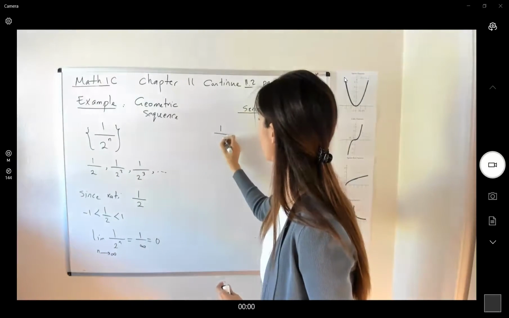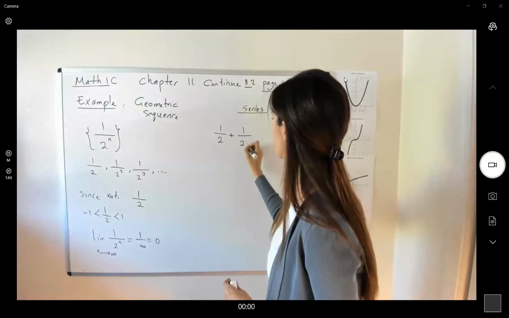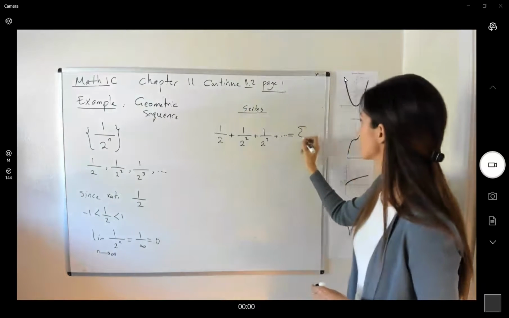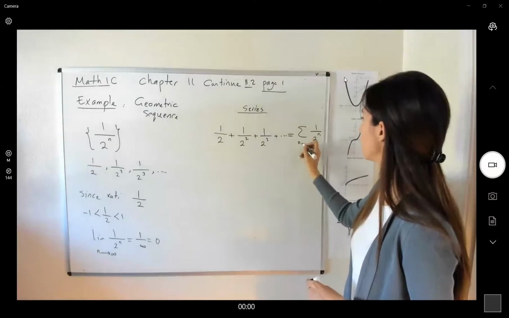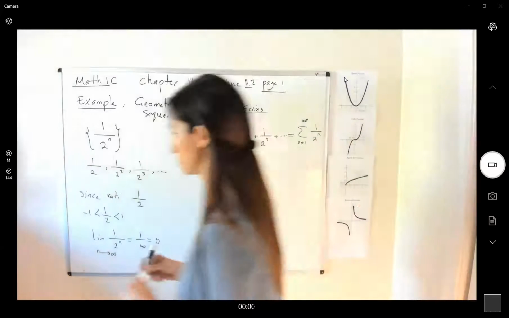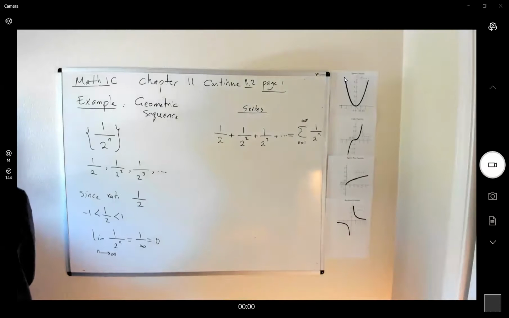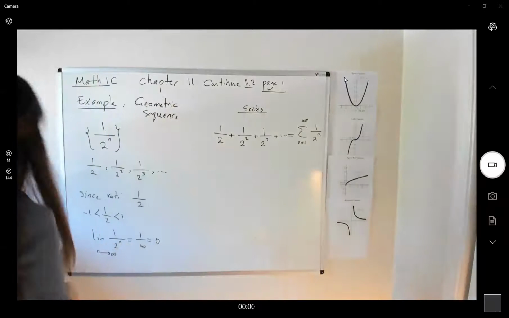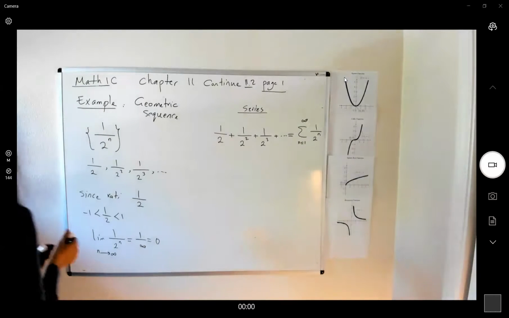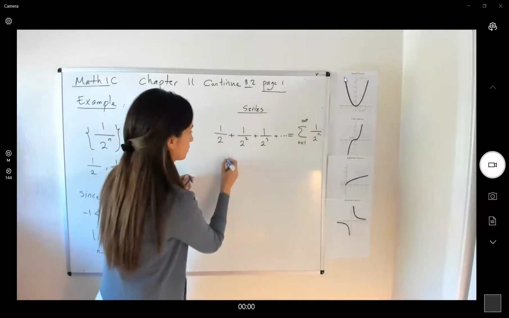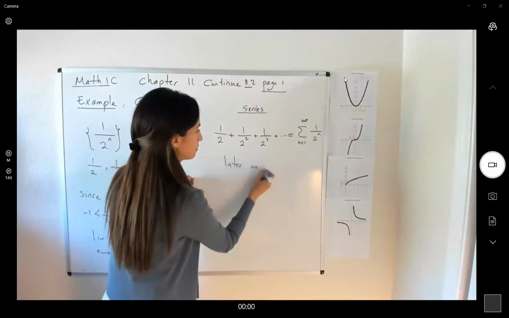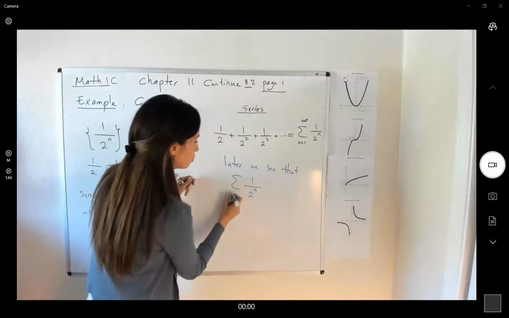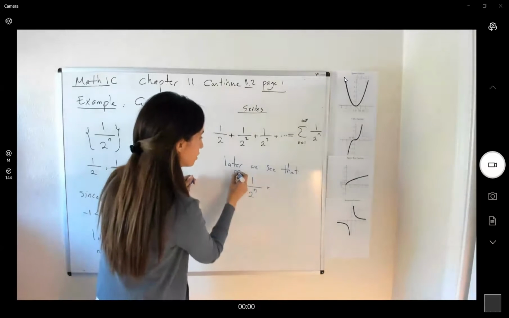So here you have 1 over 2 plus 1 over 2 squared plus 1 over 2 to the third plus, which is the sum of 1 over 2 to the n, from 1 to infinity. Later on, we're going to show that this sum is equal to 1.